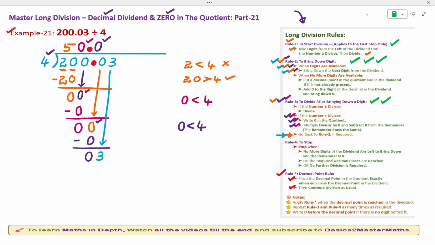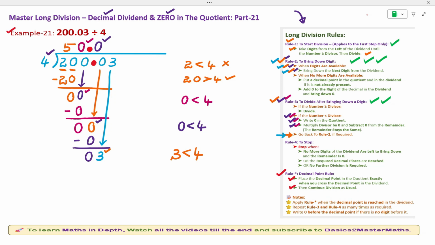Let us apply rule 3 again. Observe, now the number is 3, which is less than the divisor 4.